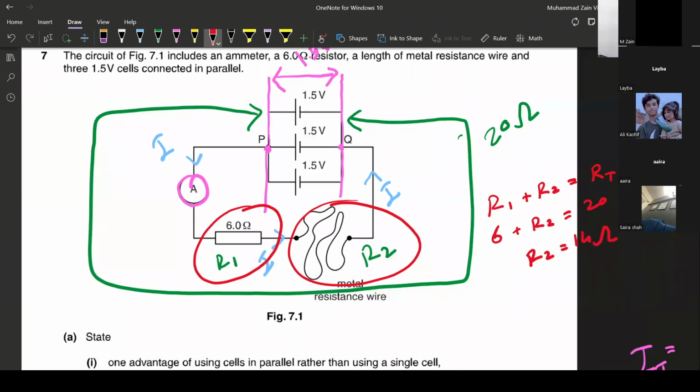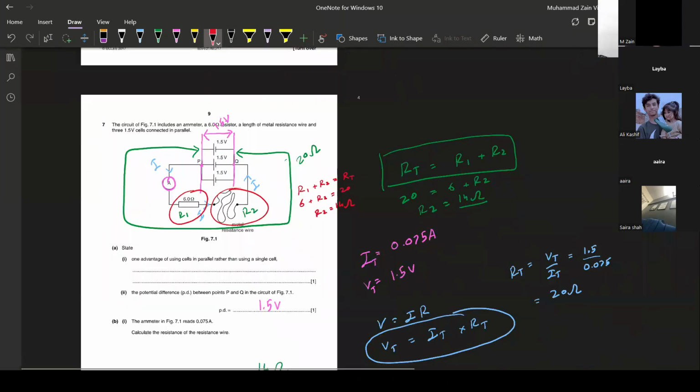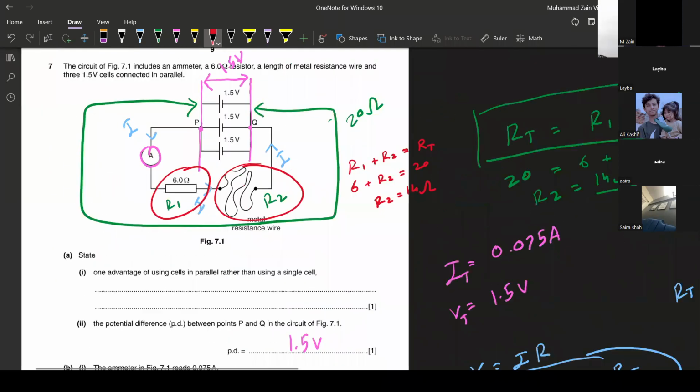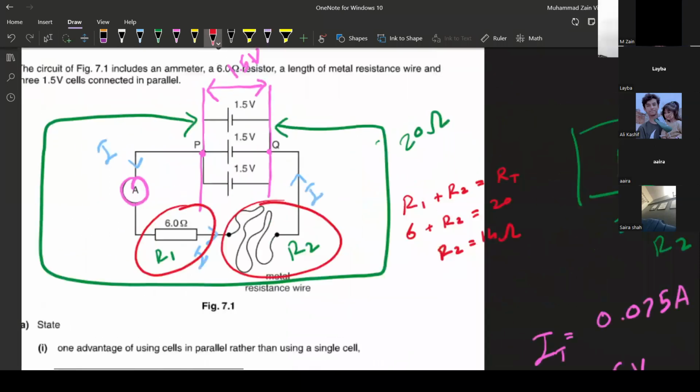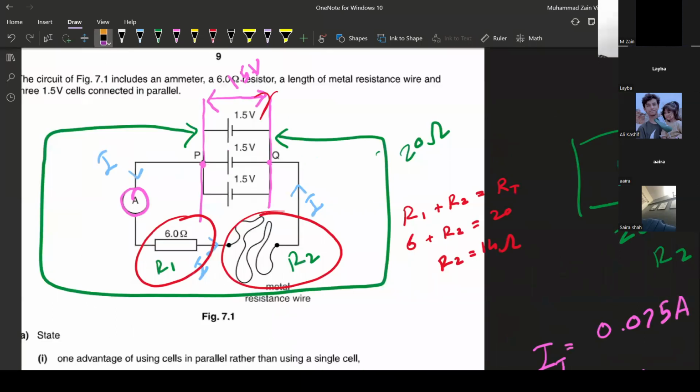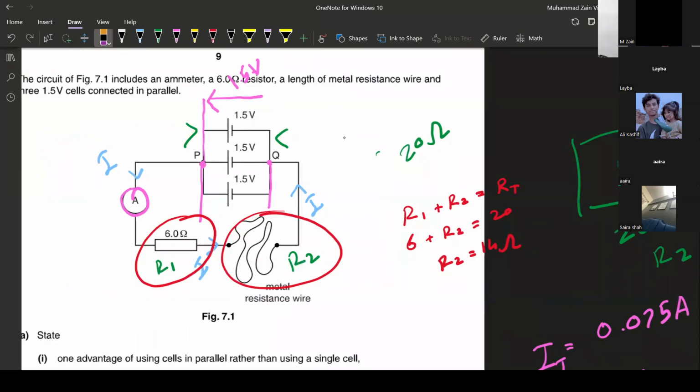Okay, so Ali is asking why cells in parallel last longer. The reason is because of the total current of the circuit. What's the total current? It's 0.075. I'll now erase some stuff because the diagram is becoming a bit tedious. Yes, Ali is also right.